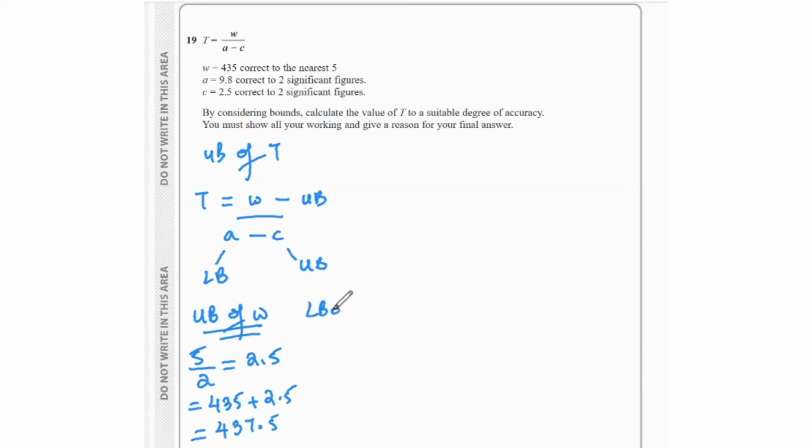For lower bound of W, we will do 435 minus 2.5, which is going to give us 432.5.